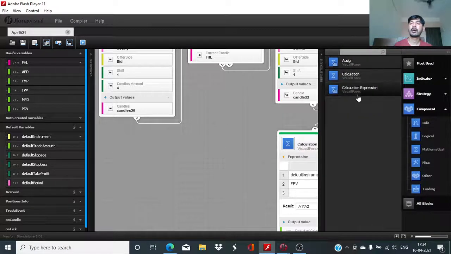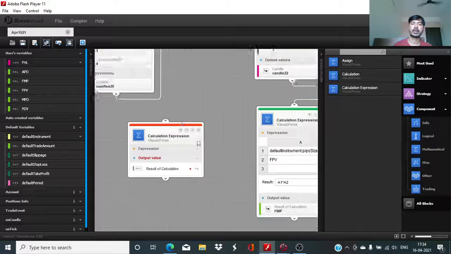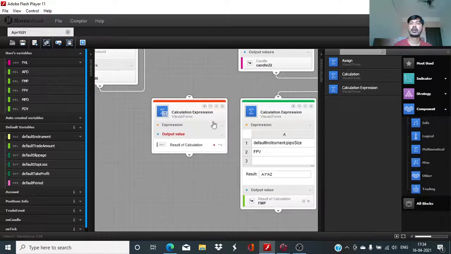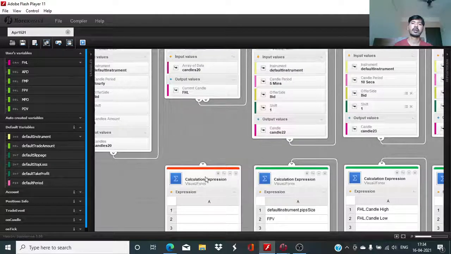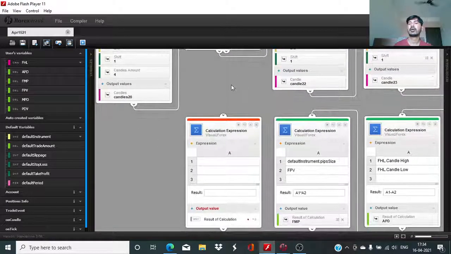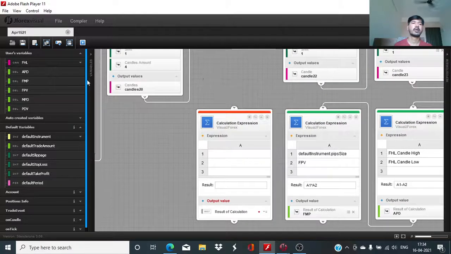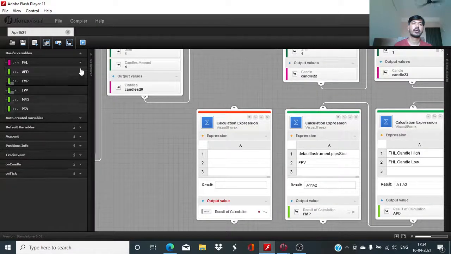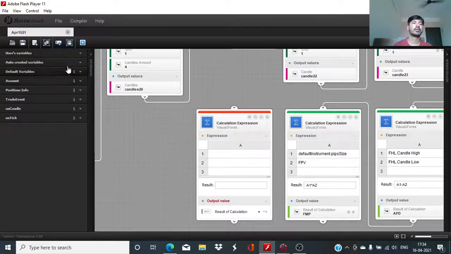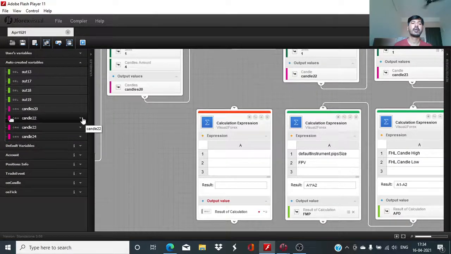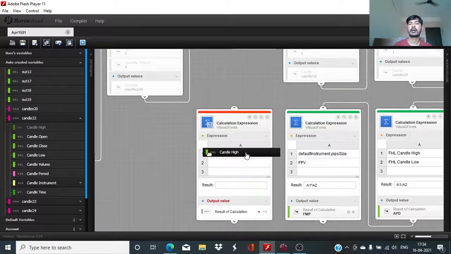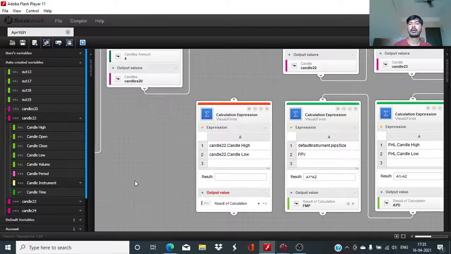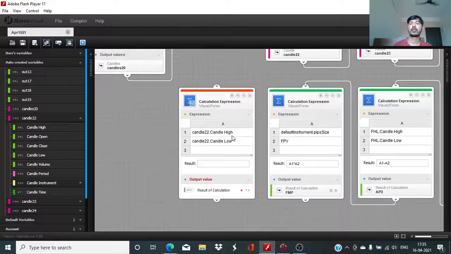and then comes one more calculation expression which is going to help us calculate the actual price difference of the candle 22. So we will take candle 20 seconds high and deduct its low. Similar kind of calculations in both of these cases.